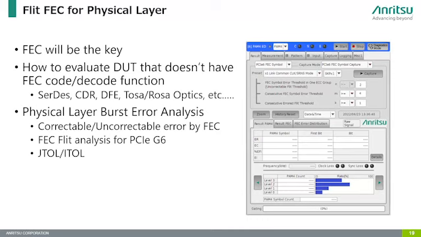How can you do that? The error detector has a function to analyze the errors, and it can make a judgment that the errors can be corrected or not corrected by forward error correction. That function can be used for FLIT forward error correction or Reed-Solomon forward error correction.